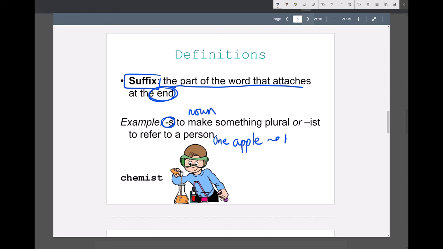If you say many, you add S, many apples. Quick question for you. So this is for nouns, singular and plural. When you add an S to a verb, what do you make the verb into? What form do you use?